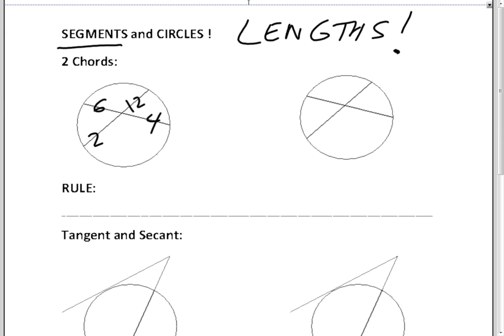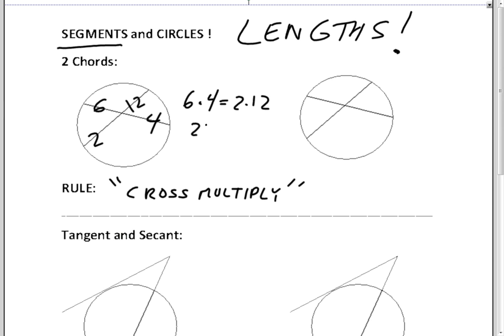In my other class, we decided on our own rules, a way to remember, and my other class decided on the phrase cross multiply. If you take the 6 and multiply it by the 4, and you take the 2 and multiply it by the 12, you should get the same thing.